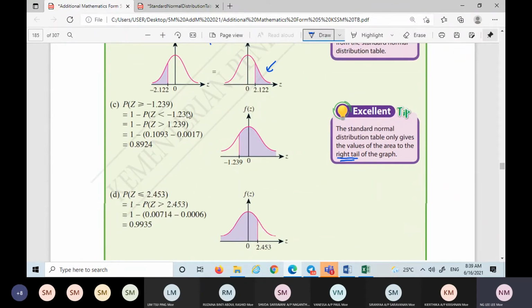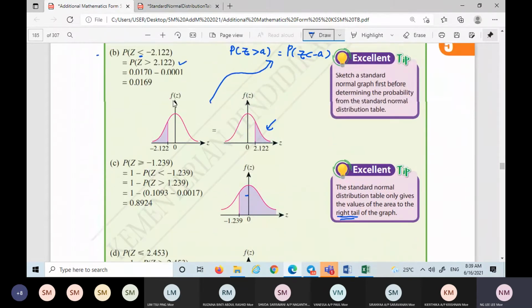How about this? By drawing the graph, you see the same thing, negative 1.239. You draw the line at the left of the y-axis. Then z is greater than. Compared to just now, that question was z smaller than, so the area was on the left. Now z is greater than, so the area is on the right.